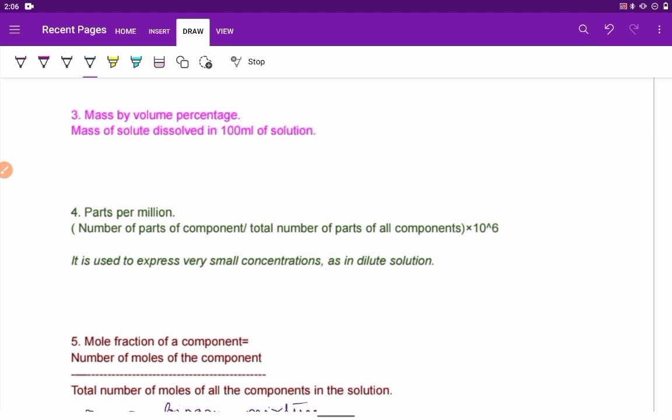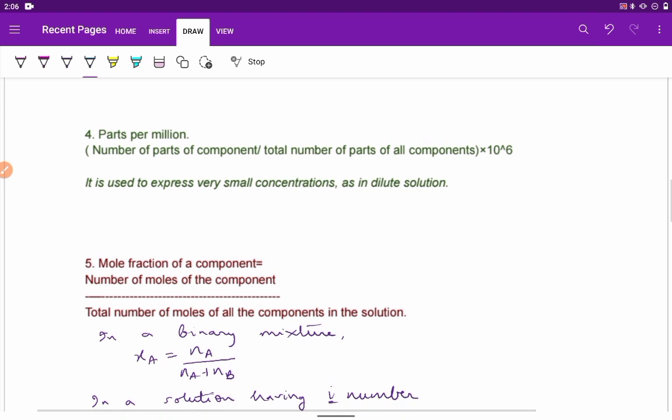Now, the concentration of pollutants in the water or atmosphere is often expressed in terms of parts per million. It is used to express very small concentrations, as in case of dilute solutions.